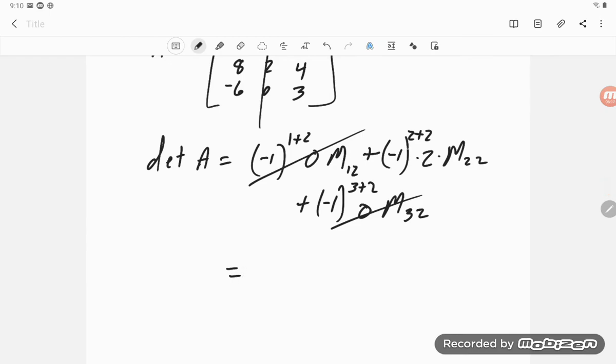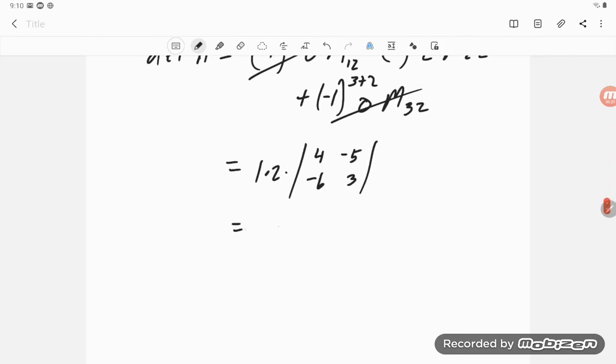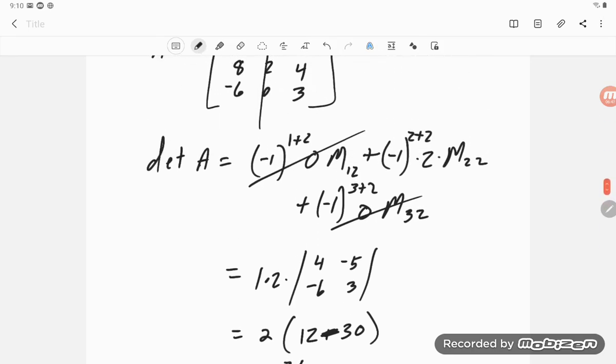And so I get 1 times 2 times the determinant of 4, -6, -5, and 3. And so that's 2 times 12 minus 30, which is -18, so we get -36 for this determinant.